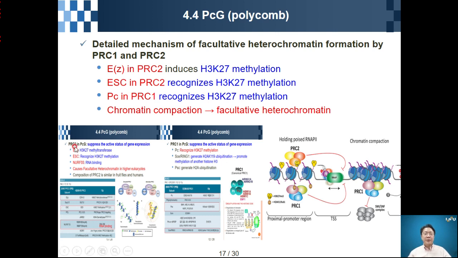PRC2 induces H3K27 methylation, especially through EZH2, a specific PRC2 subunit. It induces H3K27 methylation, and PRC2 also has the ESC subunit.